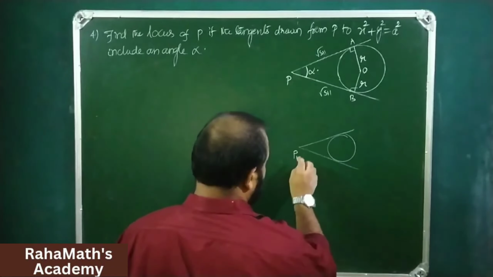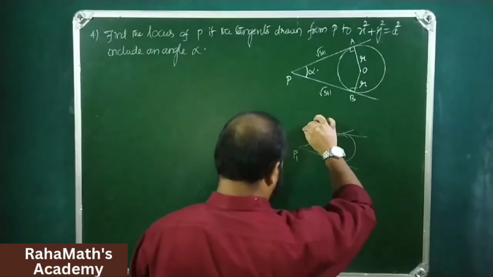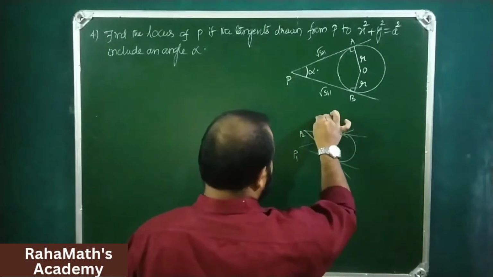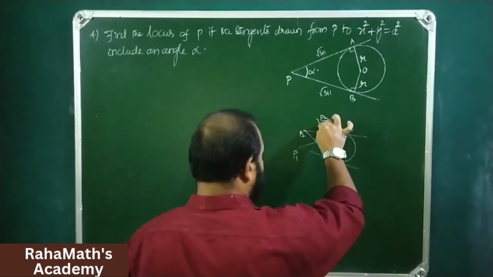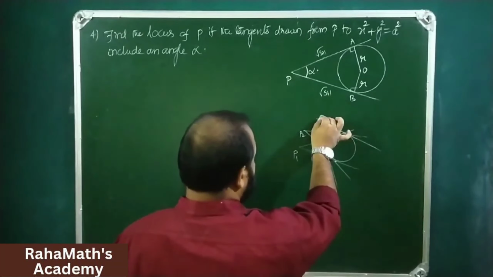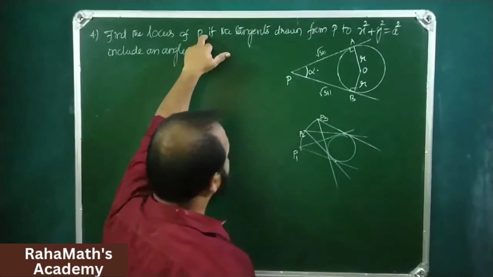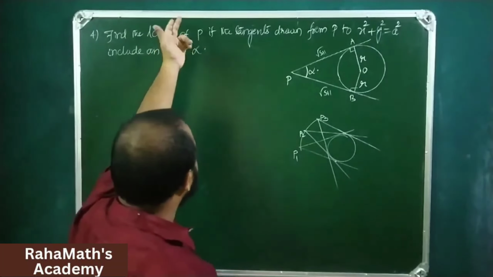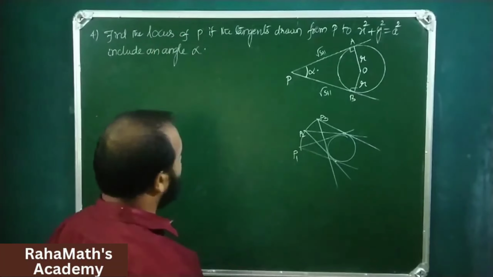This time, for example, P is here, and from this external point, two tangents are drawn. So the behavior of this P is the locus of P. That behavior of P, the locus of P, is what we are required to find.